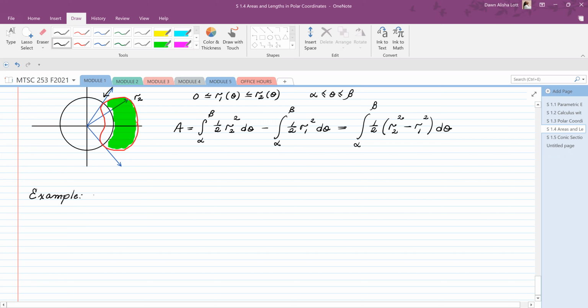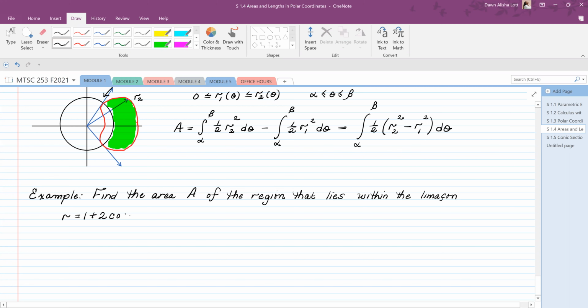Find the area A of the region that lies within the limacon r equals 1 plus 2 cosine theta, and outside the circle r equals 2.